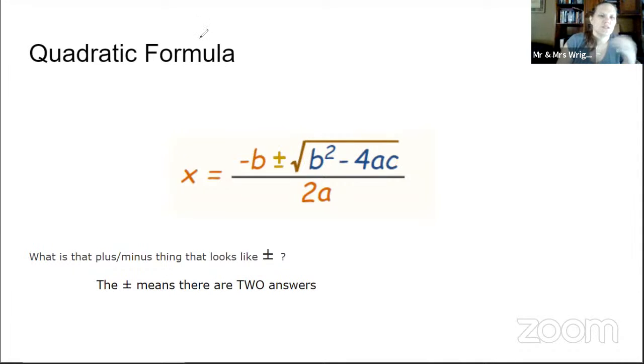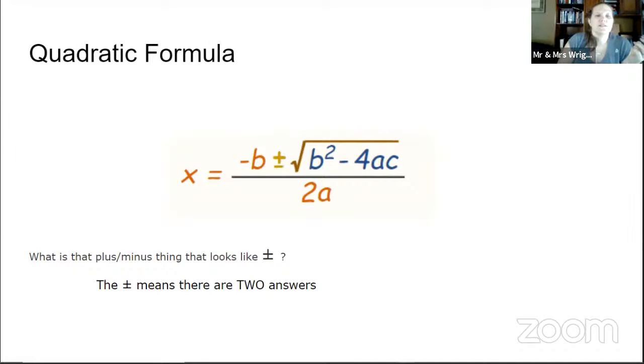So in this unit, you don't need to worry about those complex answers. Essentially, if you have a positive number under here, you're going to have 2 answers, and if you have a 0, there's only 1 answer. That's because of this plus or minus. If you add or subtract anything, you're going to have 2 different answers, but if you add or subtract 0, you get the same answer either way.